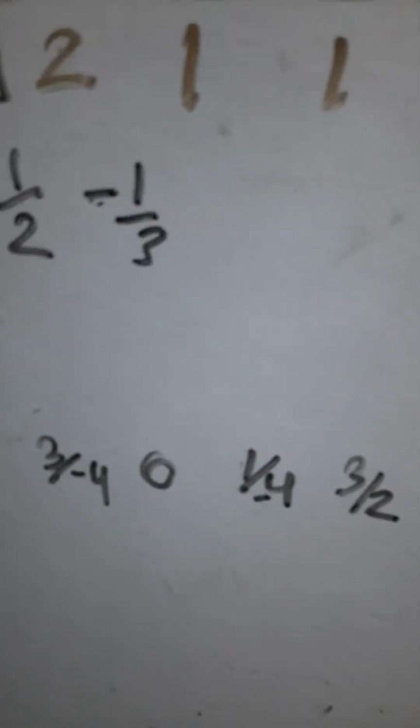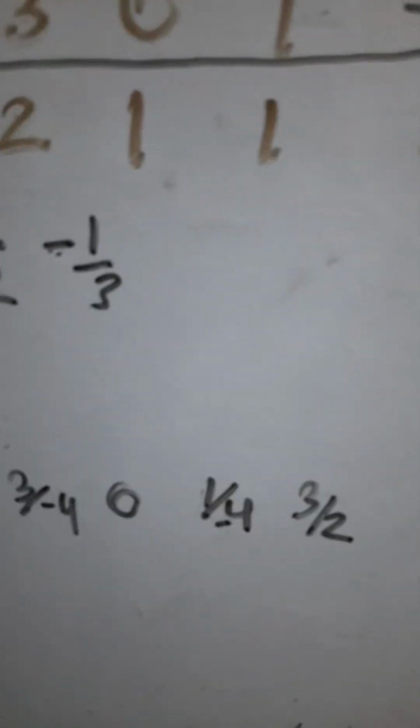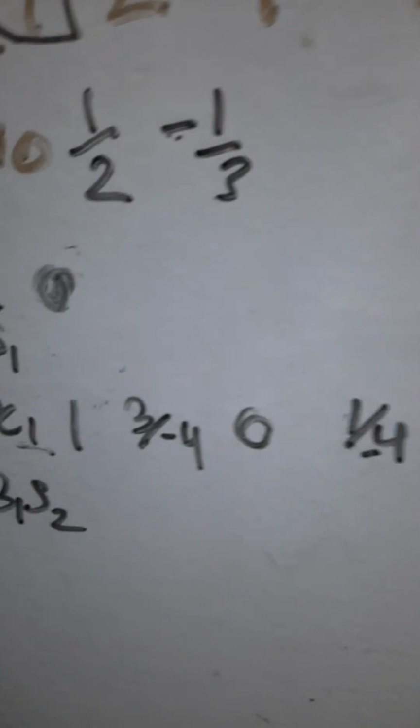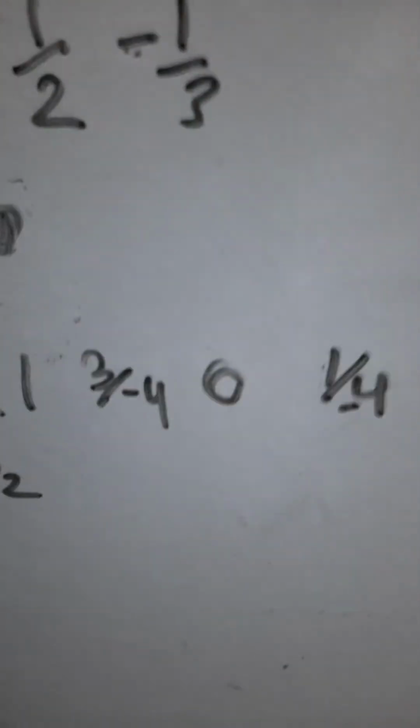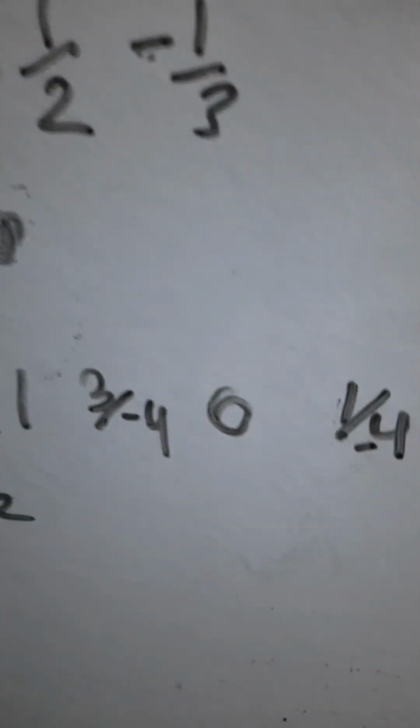Then 1 into 3 is 3. Numerator by denominator into numerator by denominator is how we multiply fractions. So 3 by minus 4 into 2 would be 3 by minus 2.